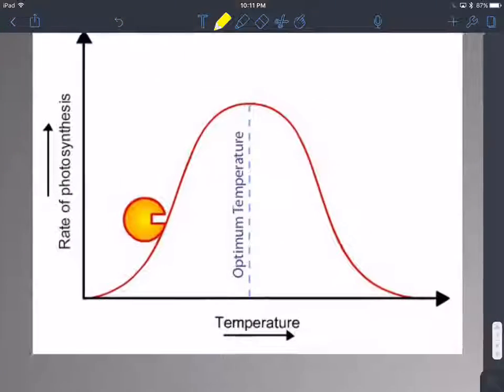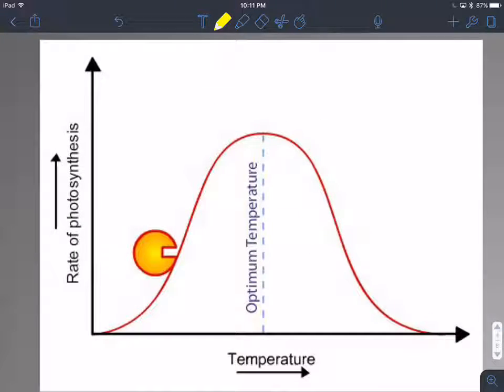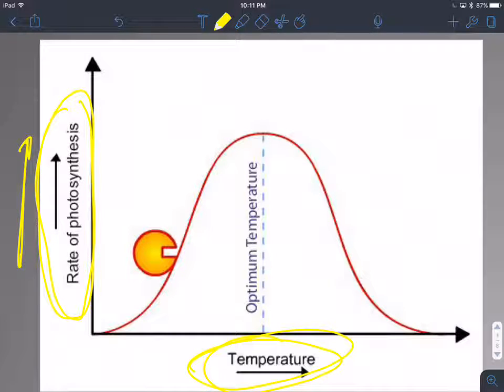So if we look at this graph we have here, you guys can see that we have the rate of photosynthesis on the left, and it's increasing as it goes up, and we have temperature here on the bottom, and temperature is increasing as we move to the right.